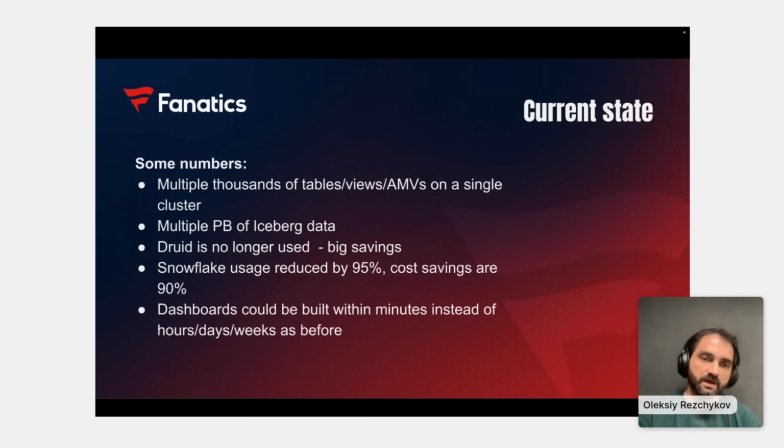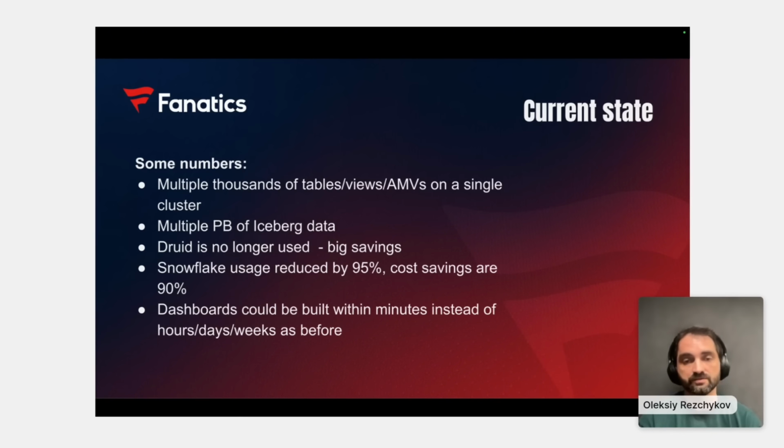So we have multiple thousands of tables, views, and AMVs on a single cluster that we manage, and multiple petabytes of Iceberg data. Druid is no longer used. We replaced it completely with StarRocks, and it is a big area of savings for us.